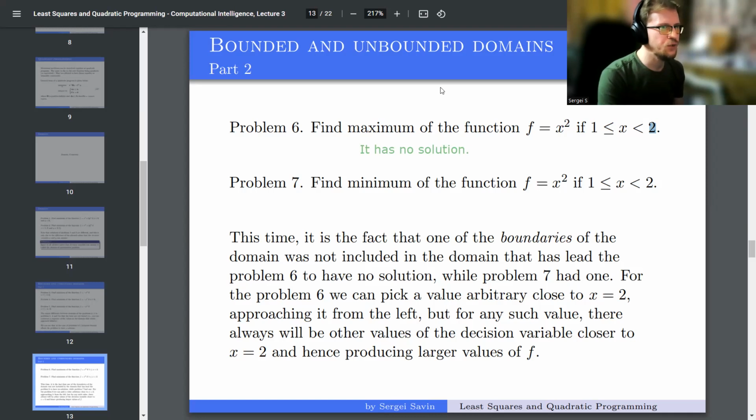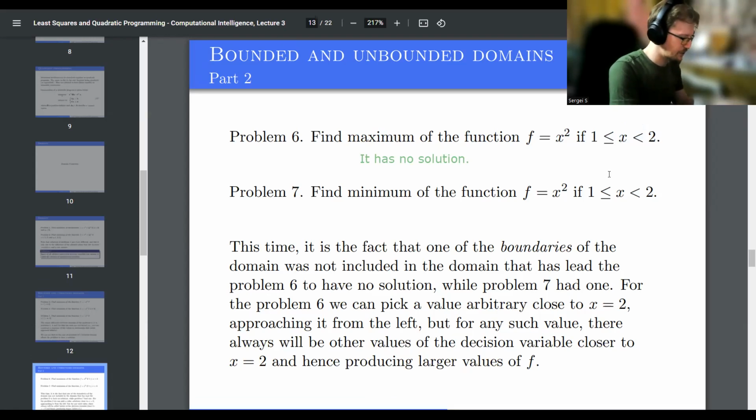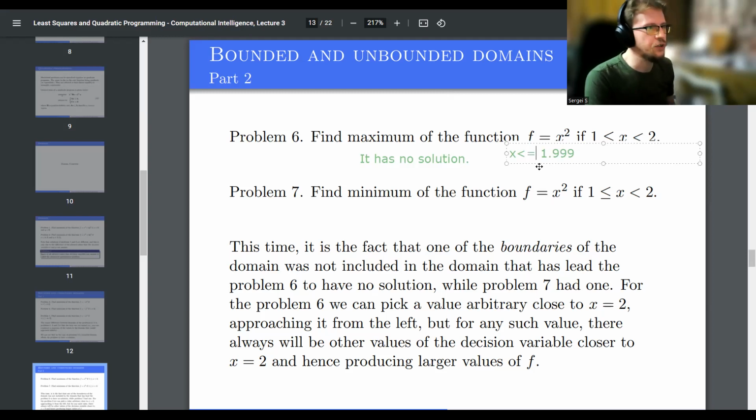So in practice, if you want to solve this, instead what you will solve is something like this: x less than 1.99. Sorry, I was trying to type and I didn't type. You will solve something like this: x less than 1.99. This will be the engineering way to solve the problem, and of course it will be a non-strict inequality.